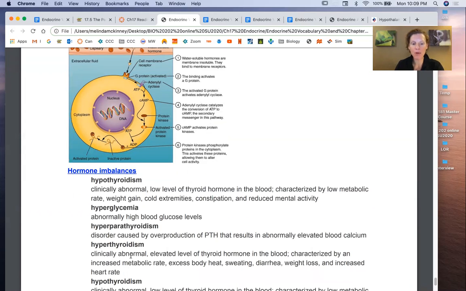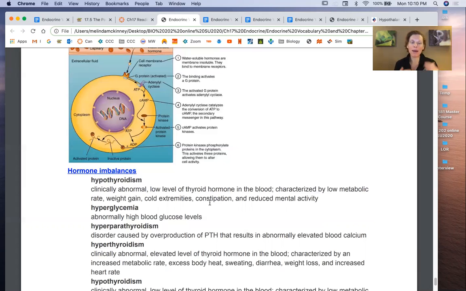So in this case, hyperthyroidism, clinically abnormal, elevated level of thyroid hormone in the blood, increases metabolic rate. So sweating, diarrhea. The opposite of that is going to be hypo. So you have less of something. So hypothyroid, you have less of that hormone in the blood, and so you're going to have a low metabolism. You have weight gain and constipation as opposed to diarrhea.